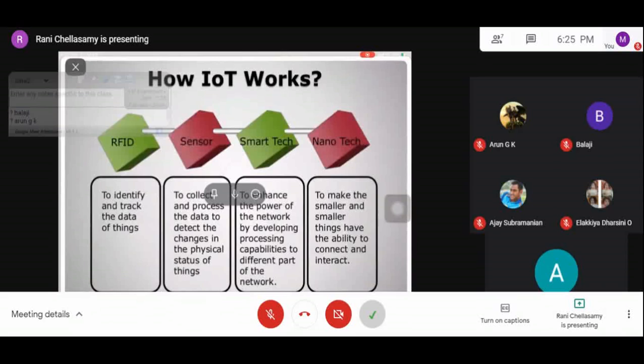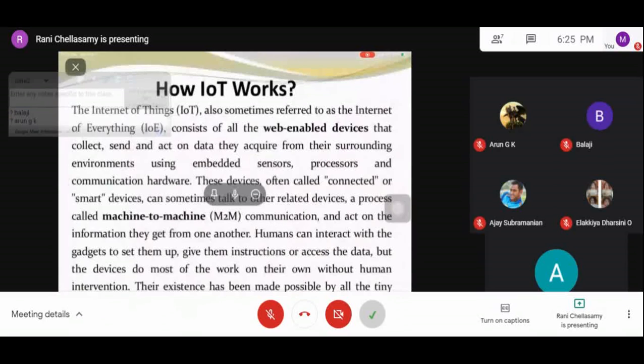So how does IoT work? That is Internet of Things, sometimes also referred to as Internet of Everything, IoE, consisting of web-enabled devices. Web-enabled devices means internet-enabled devices.